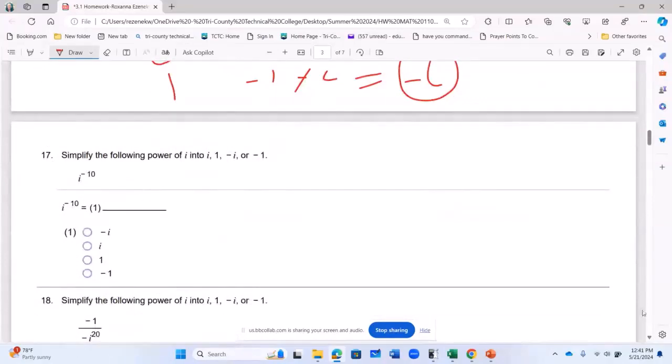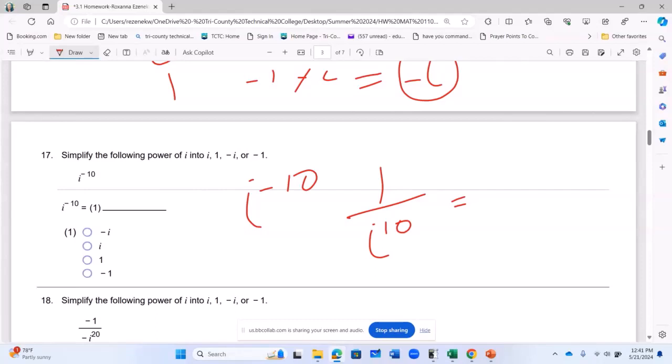Okay, and here I have i to the power negative 10. So first of all, I will have to do 1 over i to the power 10, so it's in the denominator.